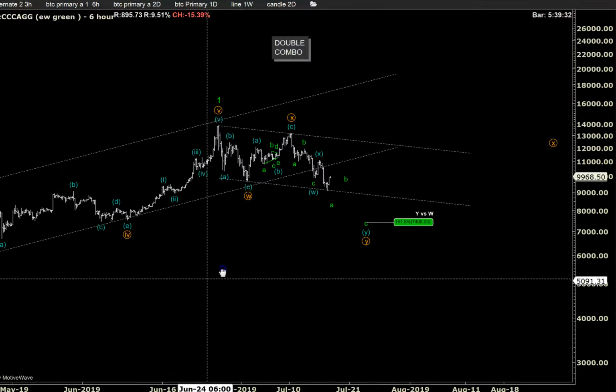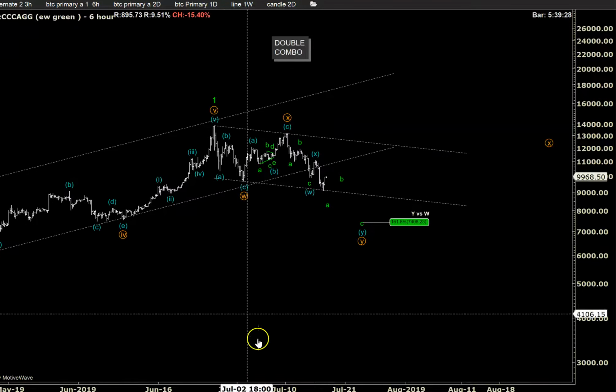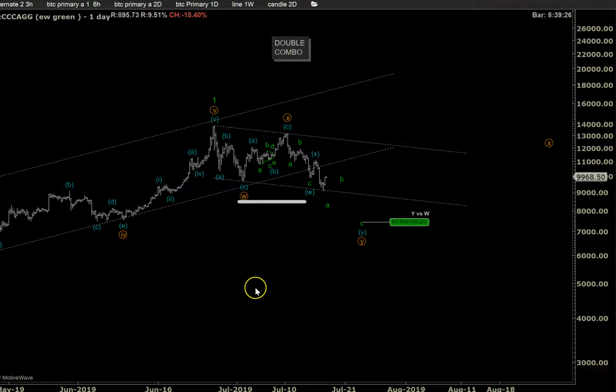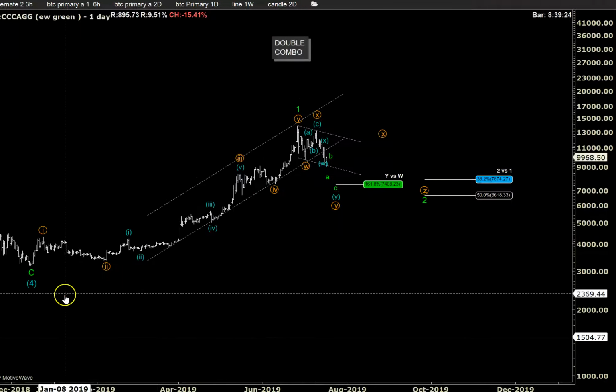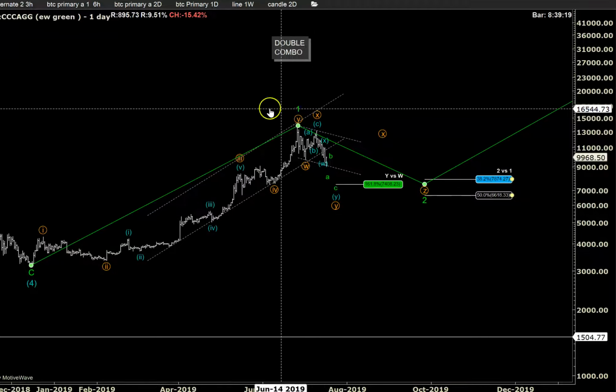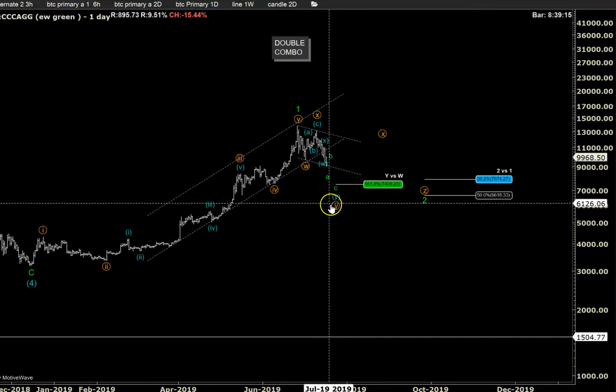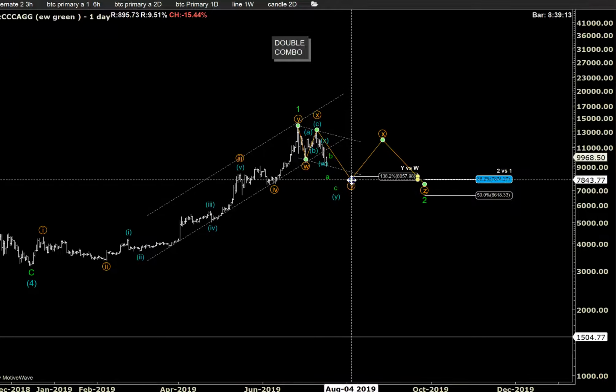So the first one that we're looking at is this kind of double combo scenario. If I go on the daily chart, we have this 1, 2, 3, 4, 5, and we completed this wave 1, and then we are in a possible longer extended wave 2.